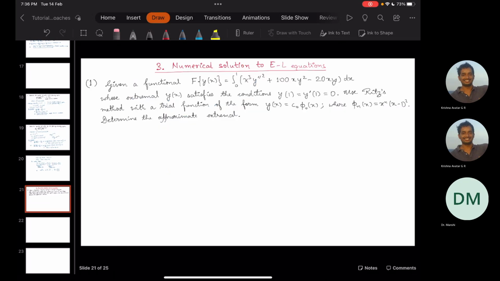Okay, so let's move to the third basket of the set of problems that we had started with. So this problem here is about determining, given a functional f of y, the integrand here: x cubed y double prime squared plus 100 x squared minus 20 x y.